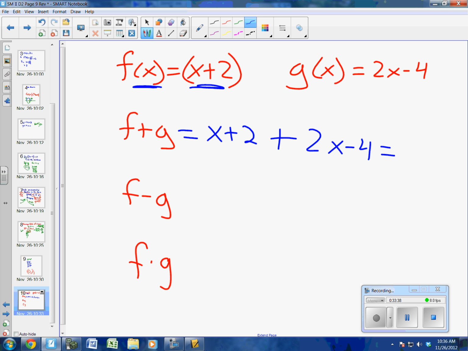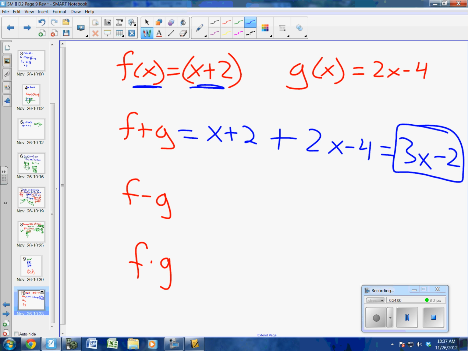All I have to do is combine like terms. Well, this x and this 2x are like terms, right? So what's 1x plus 2x? 3x. And what's 2 plus a negative 4? Negative 2. If you're not sure, use your calculator.